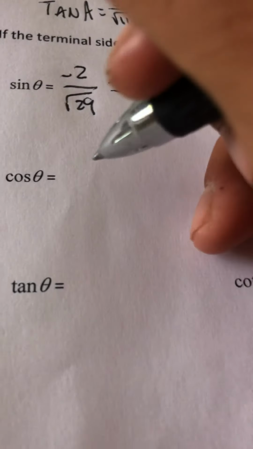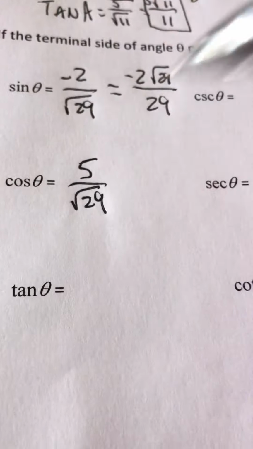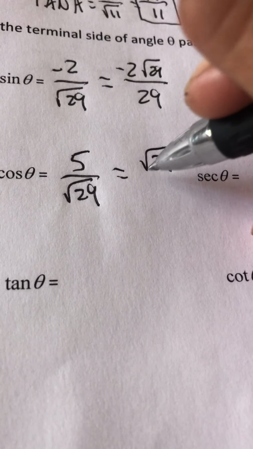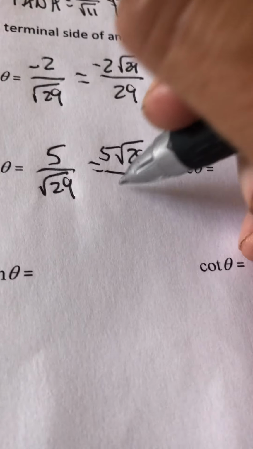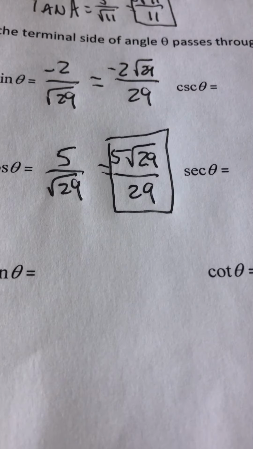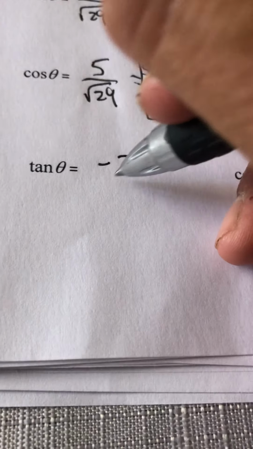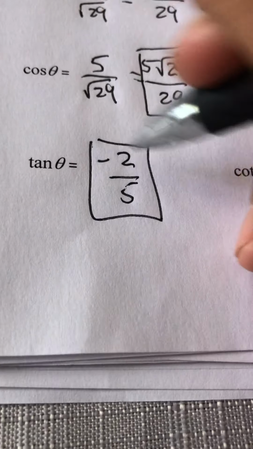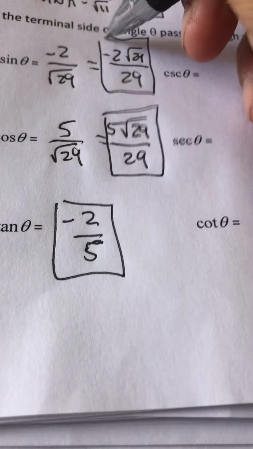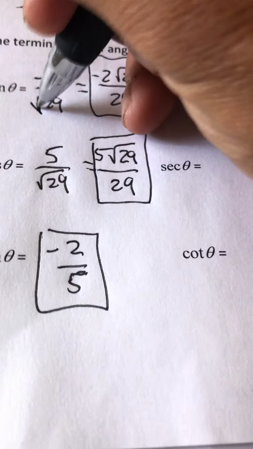Cosine is adjacent, so we have 5 over radical 29. We rationalize that to become 5 radical 29 over 29. We then have tangent, which is opposite over adjacent, so negative 2 over 5.